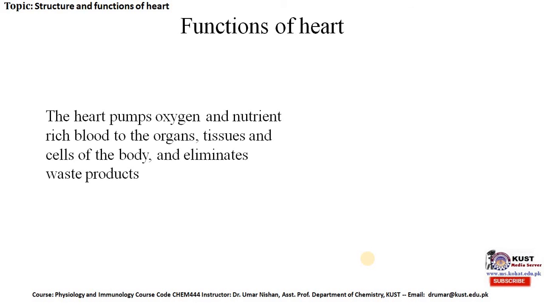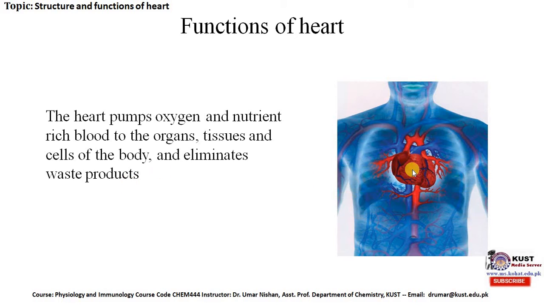Now we move towards functions of heart. The heart pumps oxygen and nutrient rich blood to the organs, tissues, and cells of the body, and eliminates waste products. This is the heart, and you see its location, and these are the main functions that the heart performs.